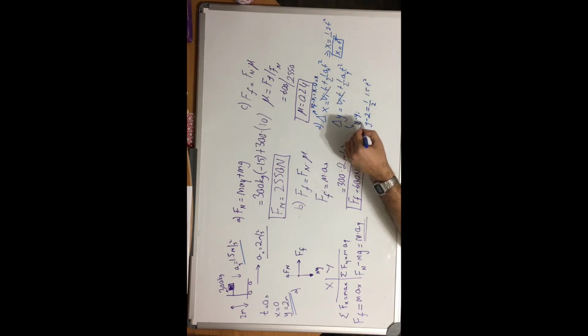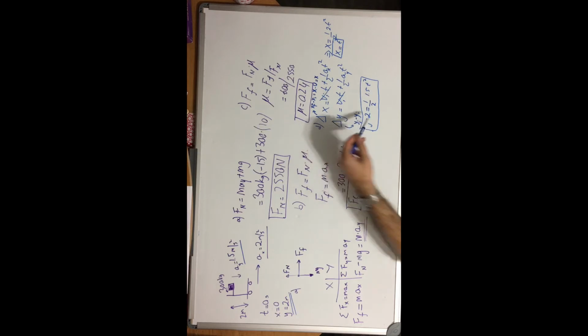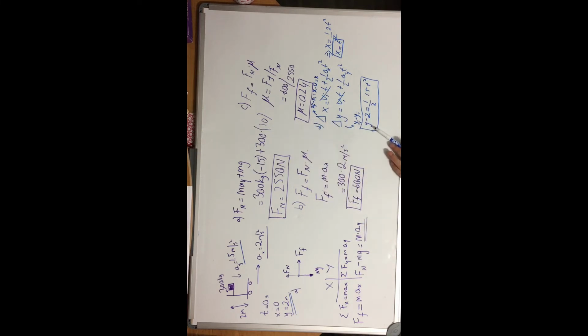So now what do we have? You have two functions. This is the function of position on the x-axis, and this is the function of y on the vertical axis. So that's the horizontal, that's the vertical. And they are asking for the relationship between the position on the horizontal and the vertical axes. So what should we do? We have t squared on both, and this t squared equals x. So all you need to do is replace this t squared with x.